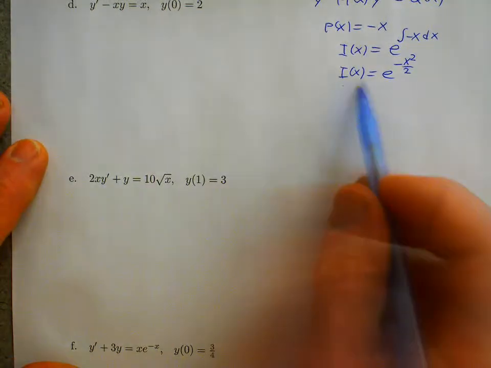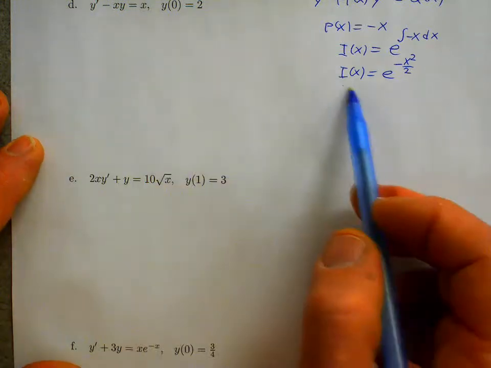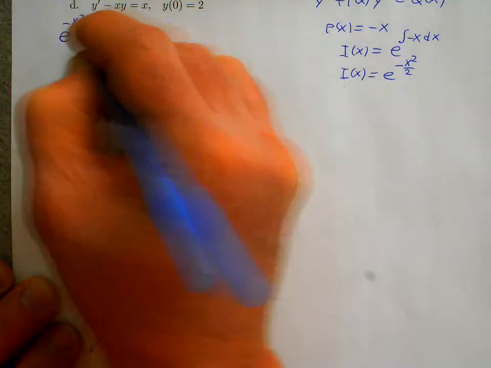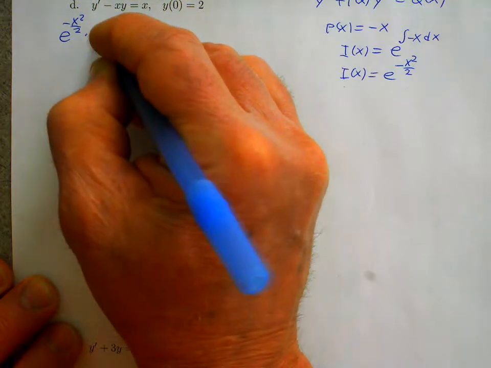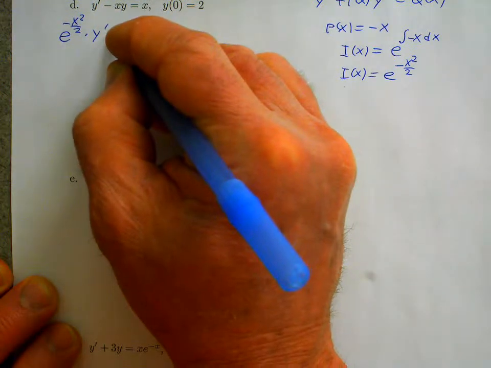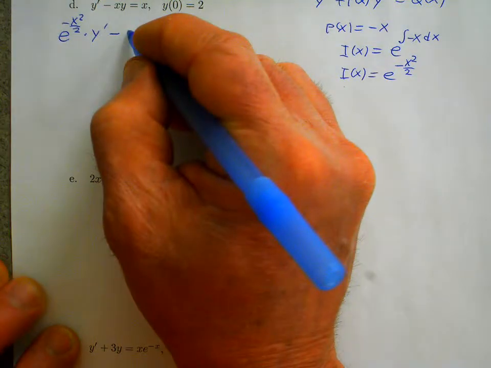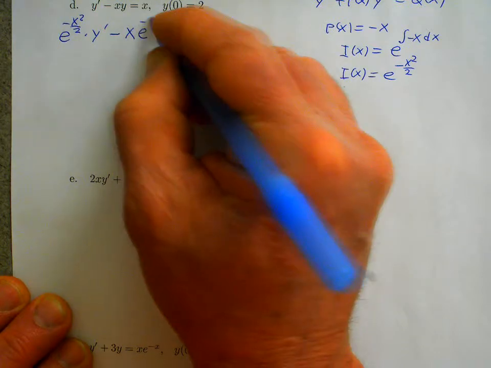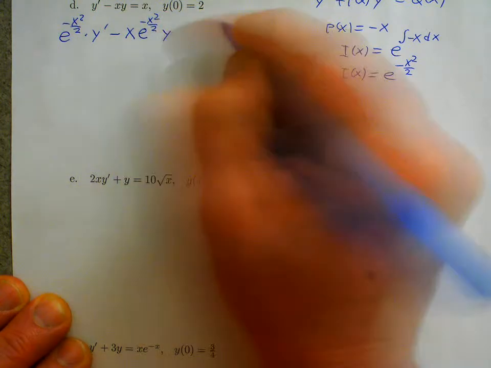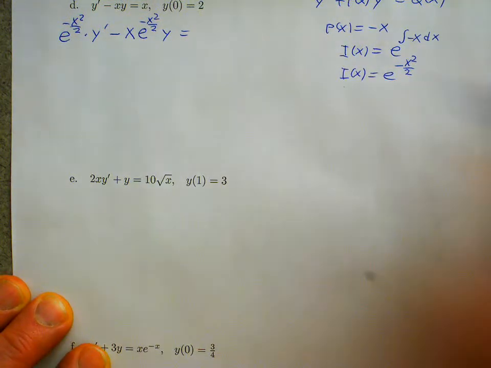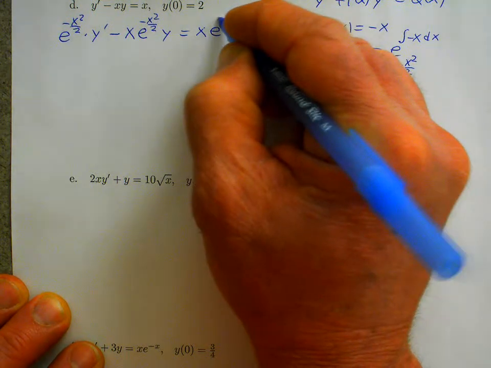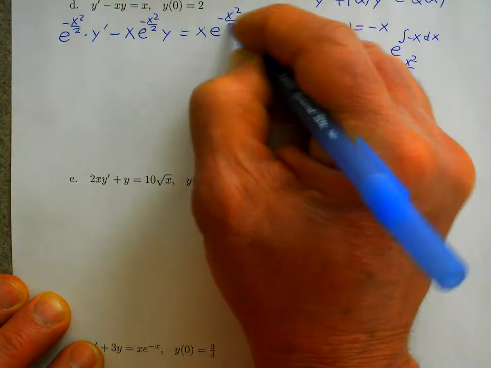Okay, so we multiply every term on both sides of this by the integrating factor. So we get e to the negative x squared over 2 times y prime, and then minus x times e to the negative x squared over 2 y, and that's equal to x times e to the negative x squared over 2.